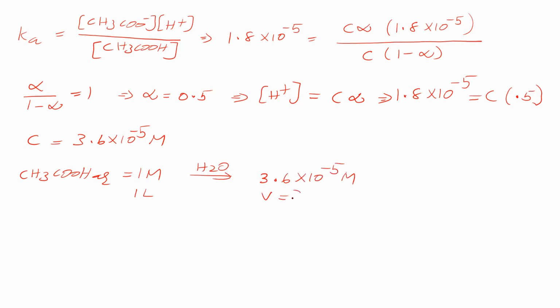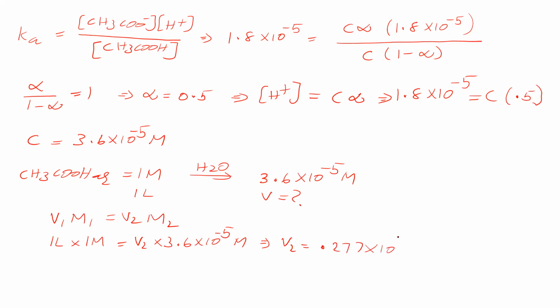Now what is the volume of this resultant solution? That is the question. It is a dilution. Dilution law is V1 M1 is equal to V2 M2. Substitute V1 as 1 liter, M1 as 1 molar, M2 as 3.6 into 10 to the power of minus 5 molar, and find V2. Simplifying, we get V2 as 0.277 into 10 to the power of 5 liter.